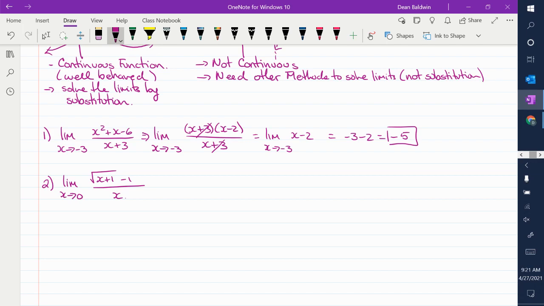So, first of all, you always try to plug in. Can you put x is equal to 0 in here? No, it's going to blow up because you got the x on the bottom. So you need that x to go away, okay, to disappear.